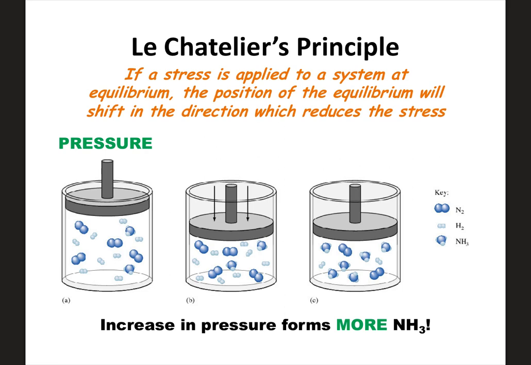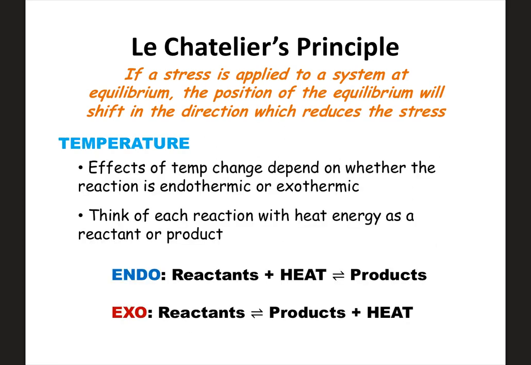We also need to consider how temperature changes will affect a system at equilibrium. The effects here of the temperature change are going to depend on whether the reaction itself is endothermic or exothermic. You need to think of each type here as a reaction with heat as a reactant or product.